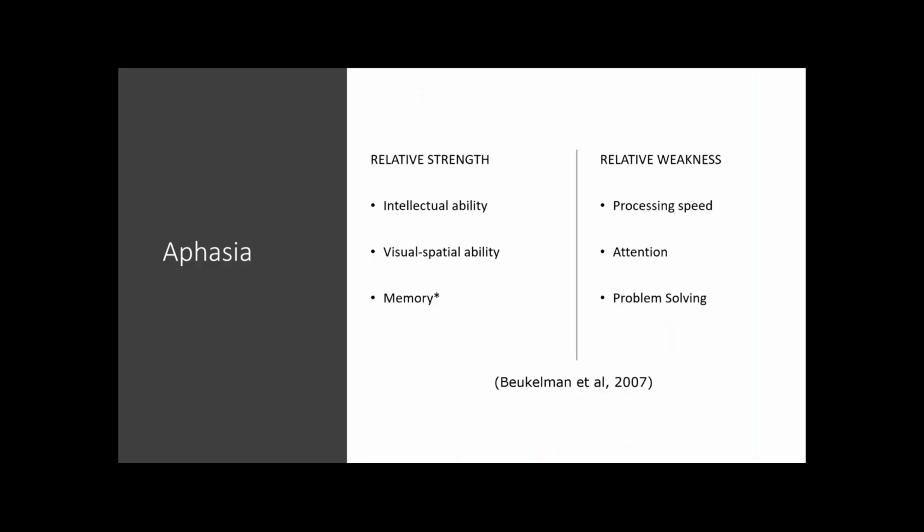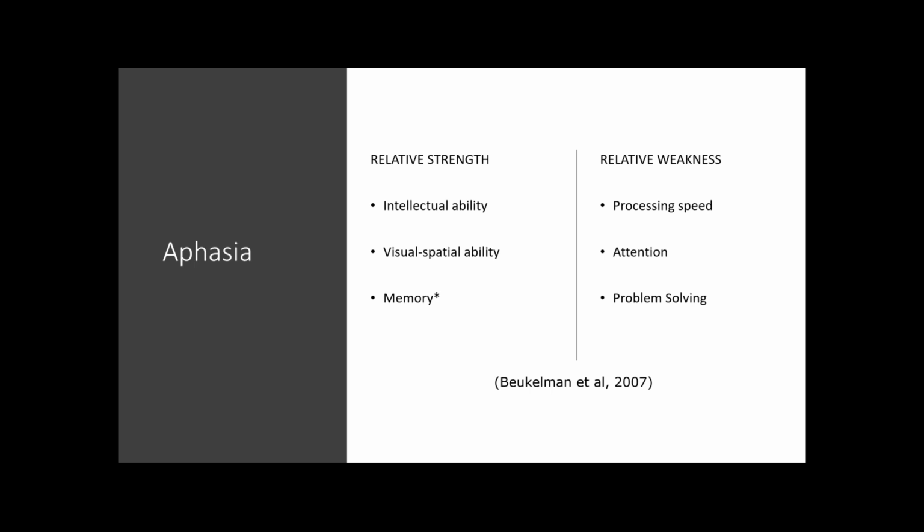In particular, you'll find that people who have aphasia, even though their language might be impaired and their ability to speak or expressively communicate may be impaired, their intellectual ability is often retained. They may still have really strong visual spatial abilities, and memory may be quite strong depending on the individual.